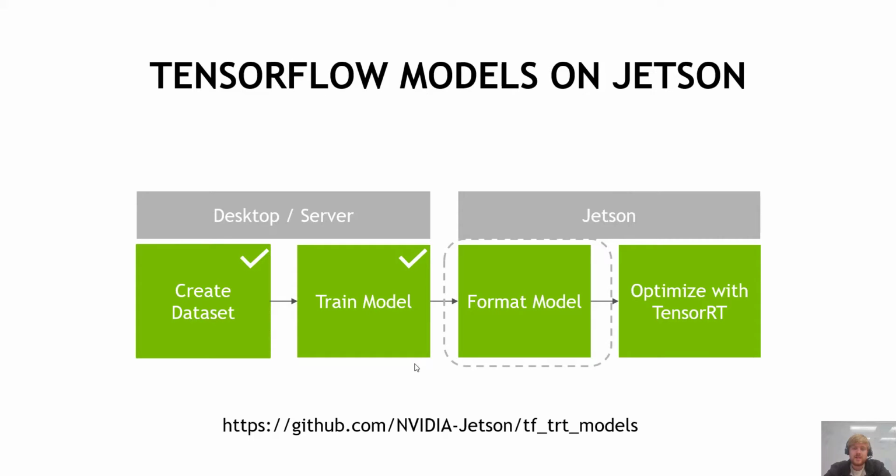We could skip ahead to optimizing our TensorFlow model using TensorRT integration, but we've provided some scripts under the NVIDIA Jetson GitHub account that format the model to ensure good device placement and best optimization using TensorRT integration. This is specific to the models listed under the NVIDIA Jetson GitHub account.